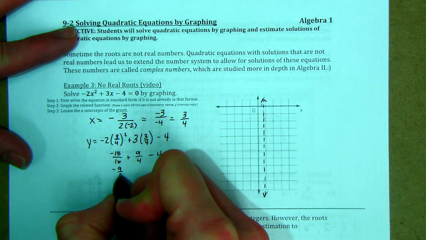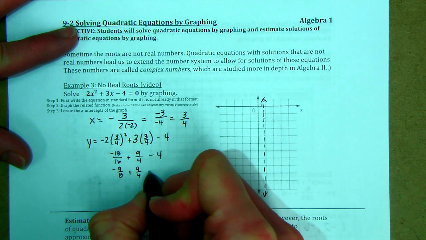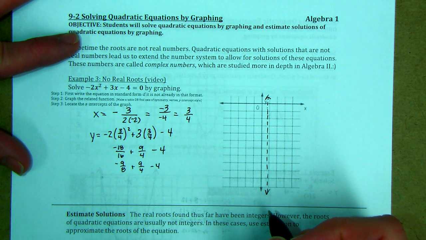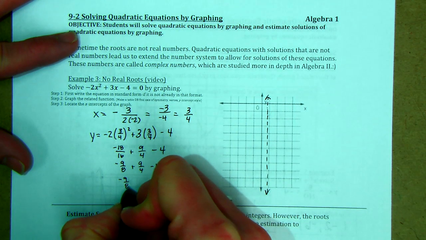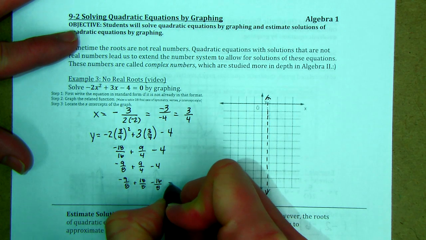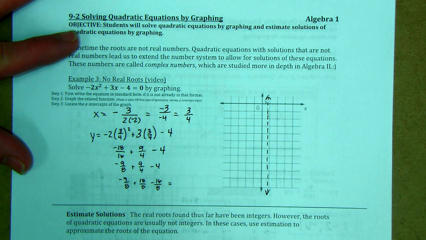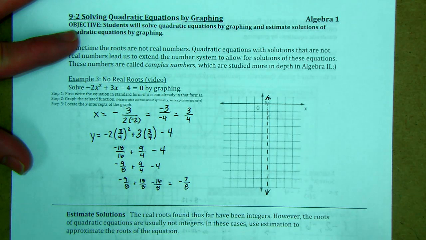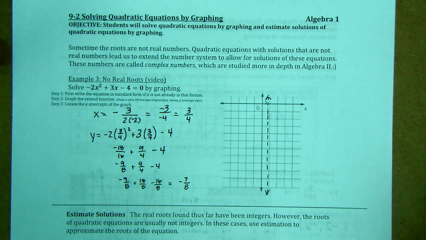I'm going to change them all to a common denominator, which is going to be 8. So negative 9/8 plus 18/8 minus 32/8, which is going to give me negative 9 plus 18 minus 32... it's going to give me negative 7/8. So just shy of negative 1. So right here, because it was 3/4, comma, negative 7/8.